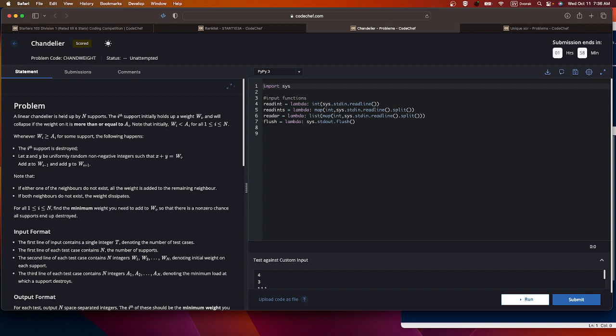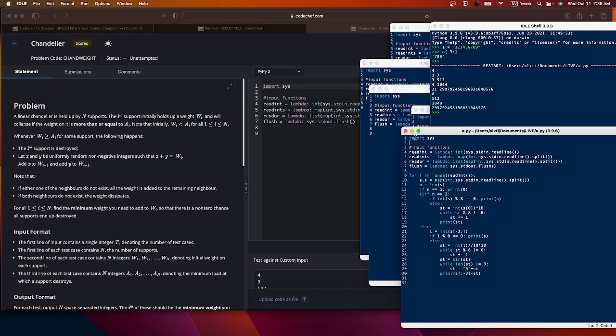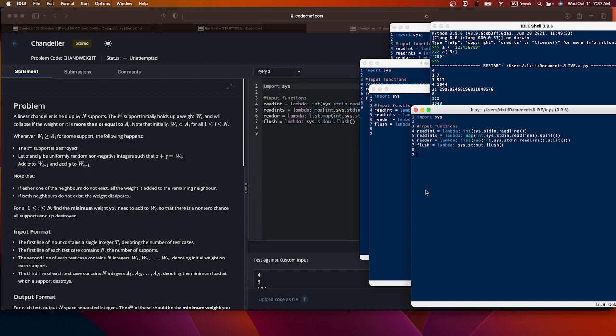Okay, so we got an N-supported chandelier. Each support holds up a weight WI.